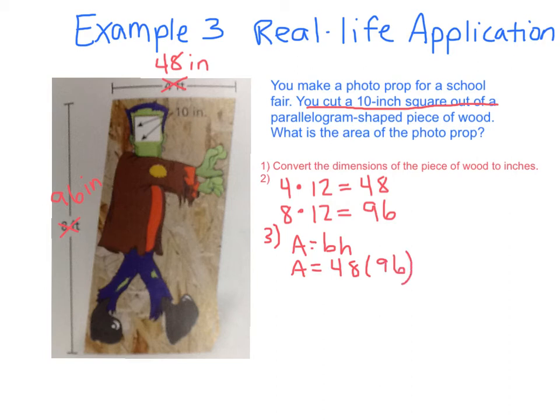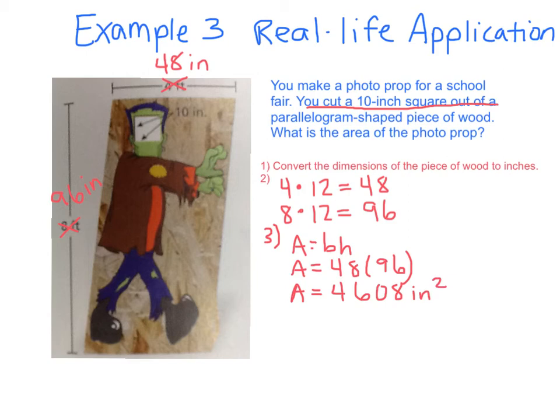So that is something that is known. If you do out your work, you will come up with an answer of 4,608 inches squared. Okay, so that's our step 3.